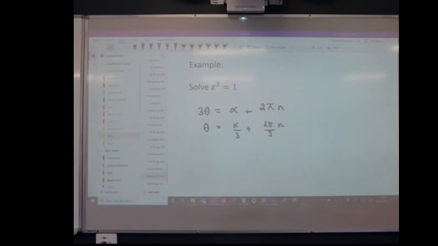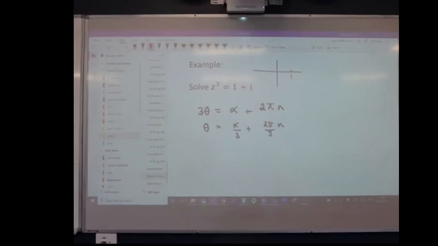So if we were to write the number 1 in cis theta form, what would it be? Here's a real trick question. If I wanted to plot the number 1 on my Argand diagram, where would it be? It's just over here, wouldn't it? So what's R?